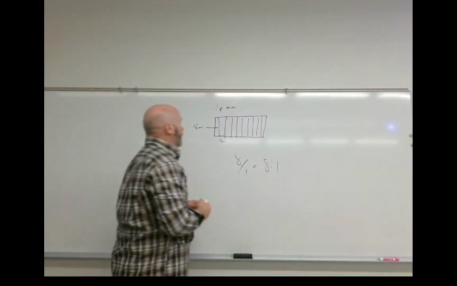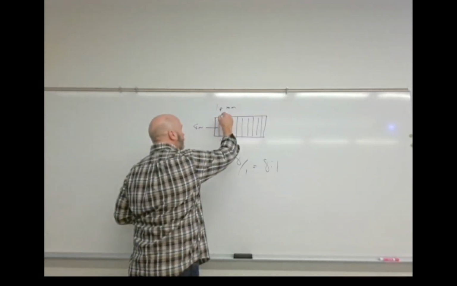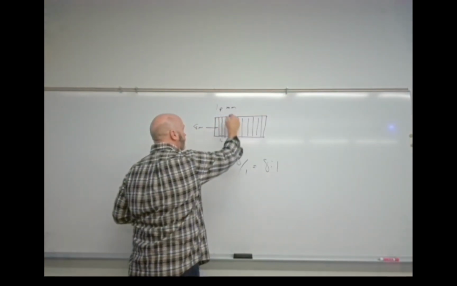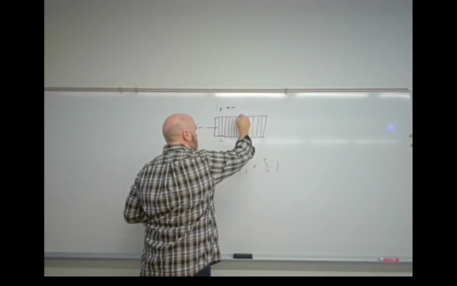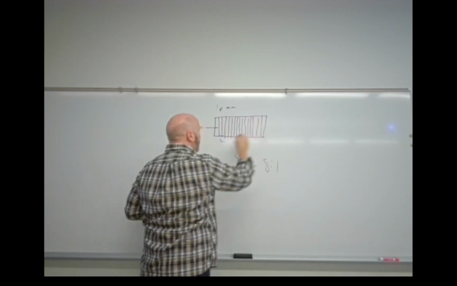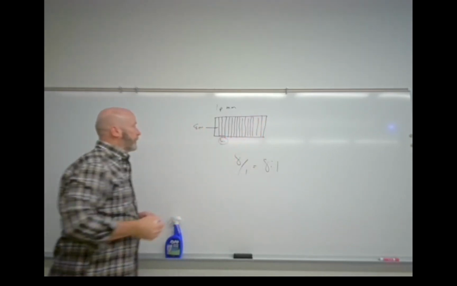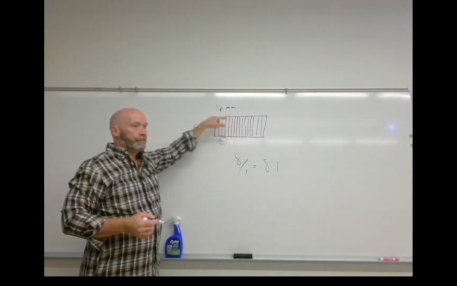Okay, so we got an 8 to 1 grid. What if we were to take that same grid and double the number of grid strips? Let's say we still have 1 millimeter in between, but I've got twice as many grid strips per millimeter.